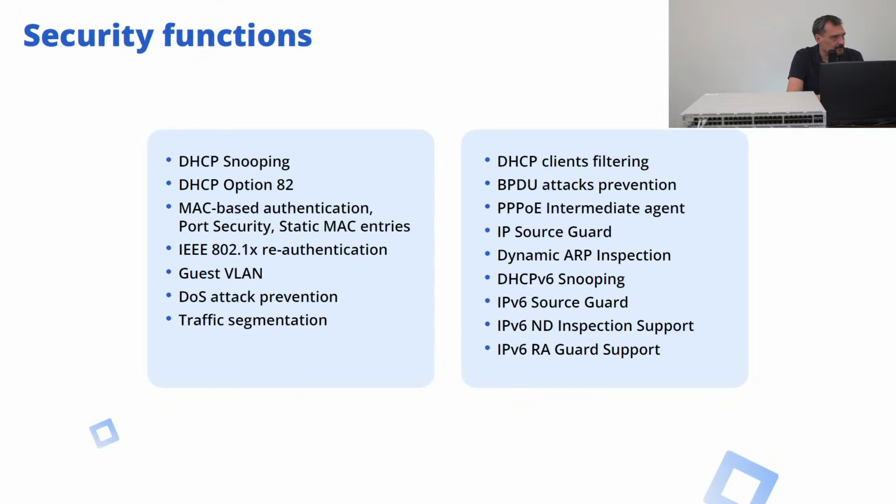So here we are. Like I mentioned before, we have a lot of security features at layer 2. These features support not only DHCP snooping options but also the .1x protocol, which is the basis of all the modern network access control systems.